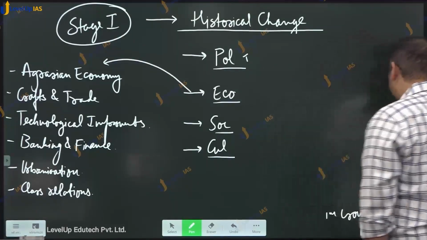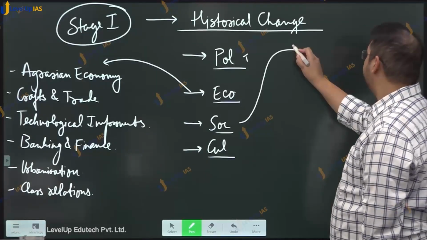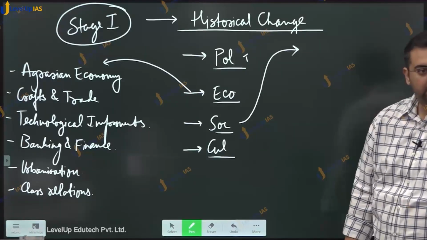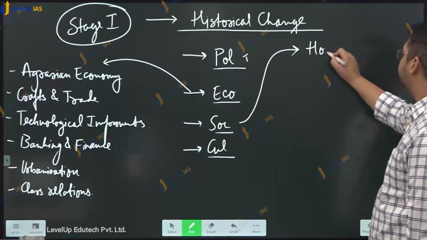Within society, what can we talk about? With the establishment of Islamic rule and the advent of Islam in India on a major scale, there was a horizontal division of the society.